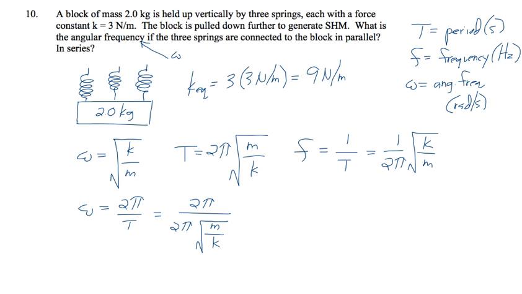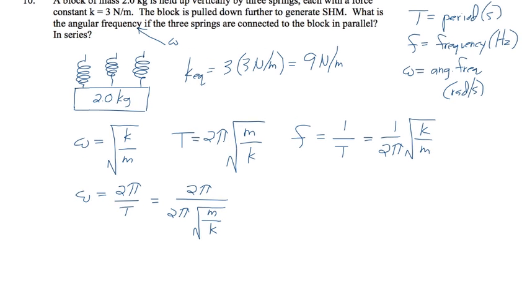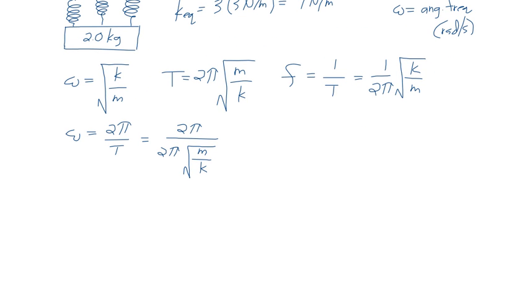And now if they were in series, it's like when we were solving for the equivalent resistance in parallel with electric circuits. So if those 3 springs were in series, meaning I have this, oh, there we go.